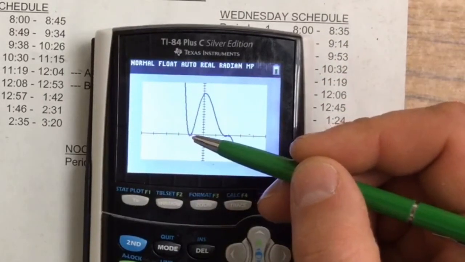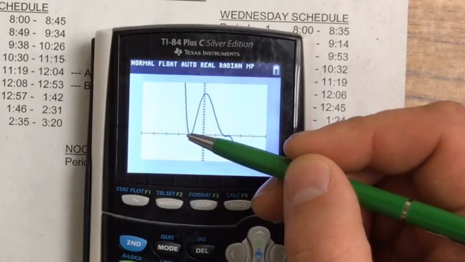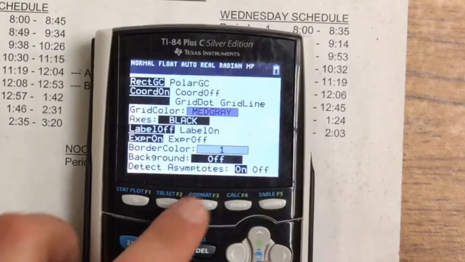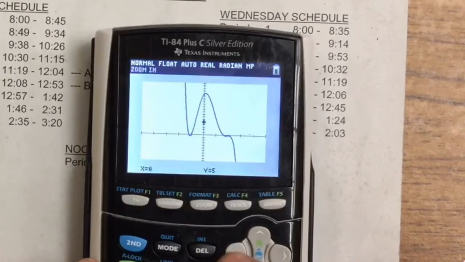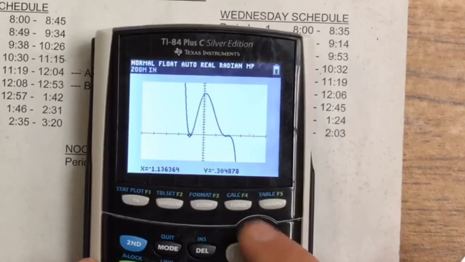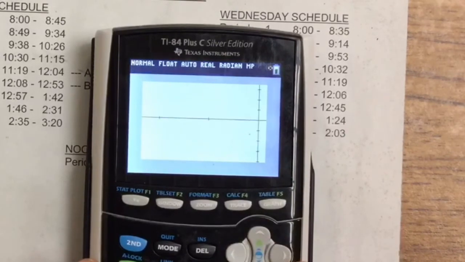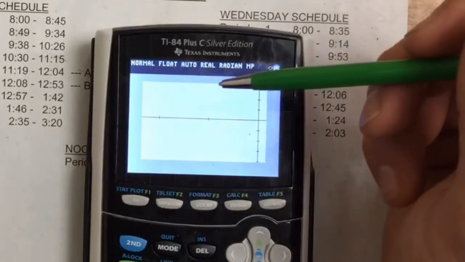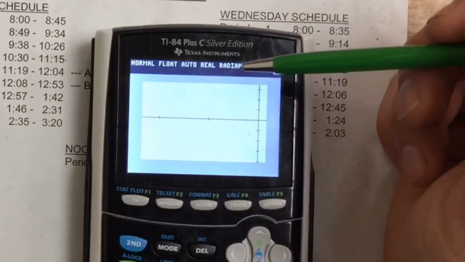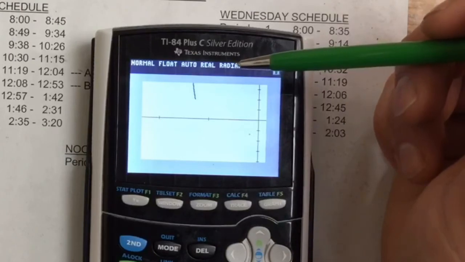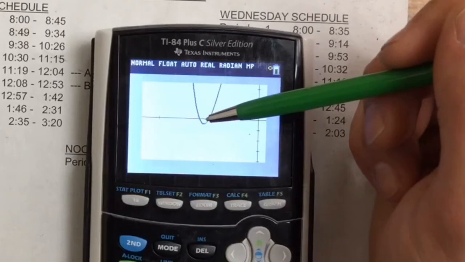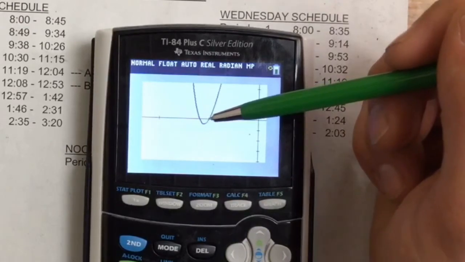But let's look here then, and I'm going to do the same thing. I'm going to zoom in right on this part here. So zoom in, move the cursor. I want to see what's going on right about there. And what's going on right about there is, oh wow, it actually passes through, there's 2 zeros here, okay?